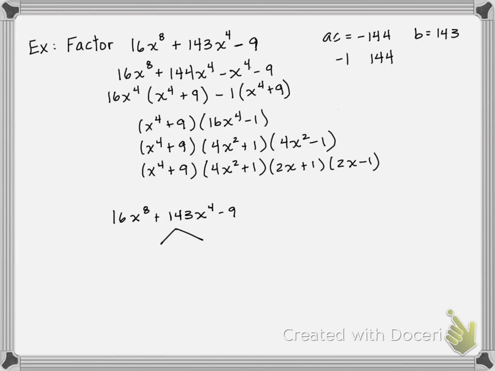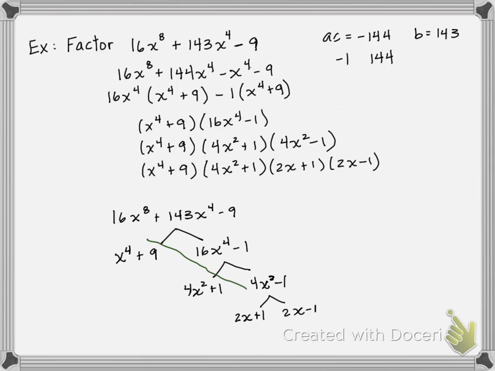And then that factors into x to the 4th plus 9 and 16x to the 4th minus 1. And then this one factors into 4x squared plus 1 and 4x squared minus 1. And then this factors into 2x plus 1 and 2x minus 1. And then just like we do with our numbers, that is our prime factorization.